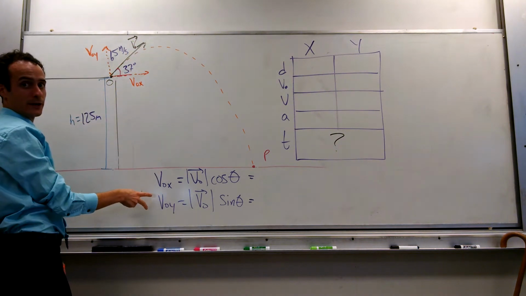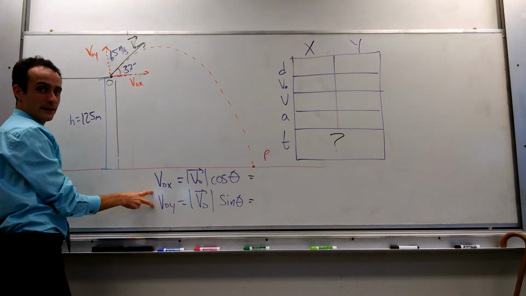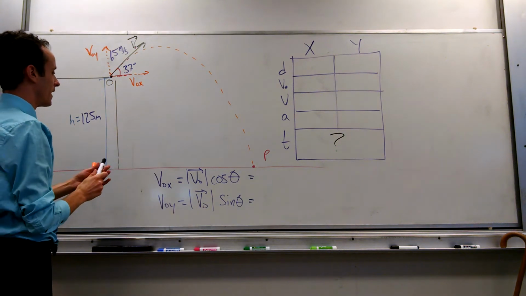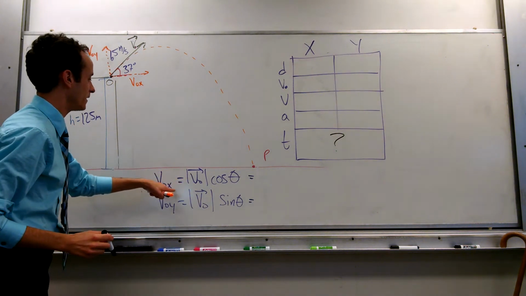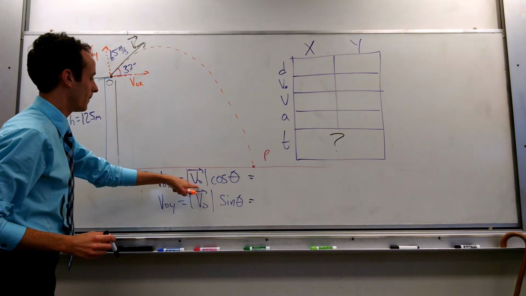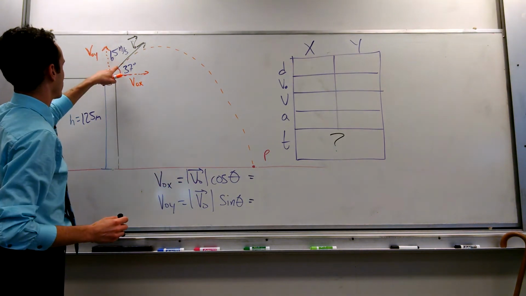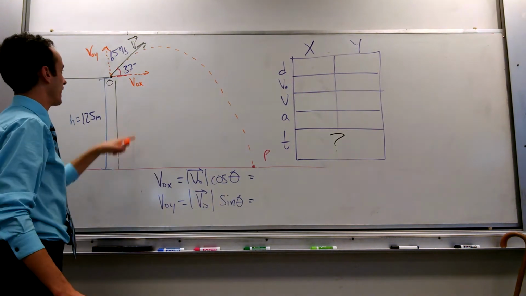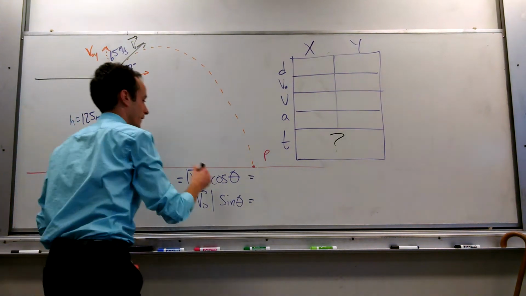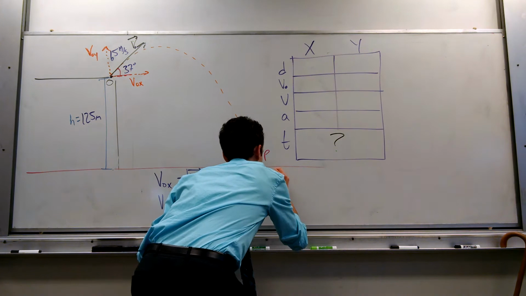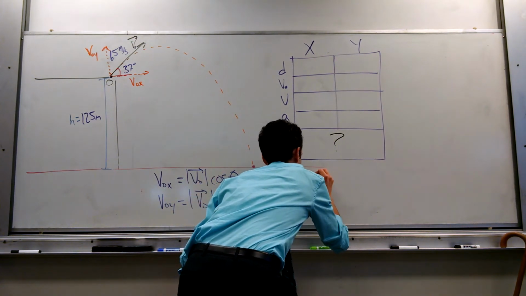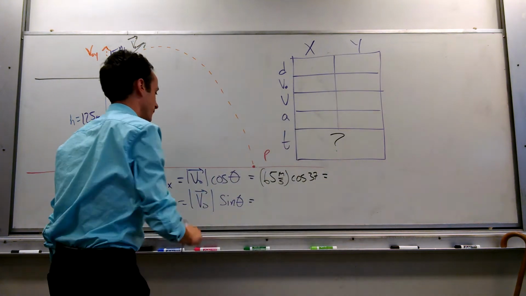And using trigonometry, we got these formulas right here. To find v naught x, I multiply the magnitude of the velocity, 65 meters per second, times cosine of the angle, 37 degrees. That's going to give me my v naught x.